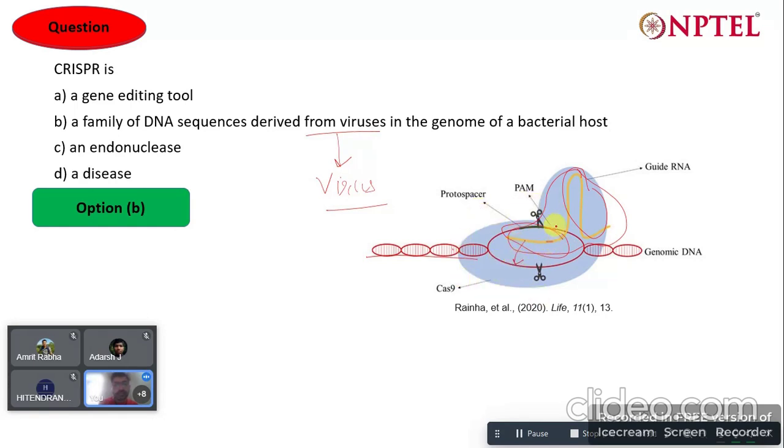It recognizes these PAM sequences, which are protospacer adjacent motifs. Cas9 recognizes PAM motifs and cleaves the DNA at this region, making a double-stranded break.